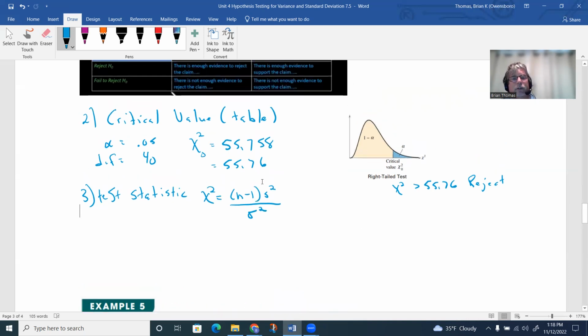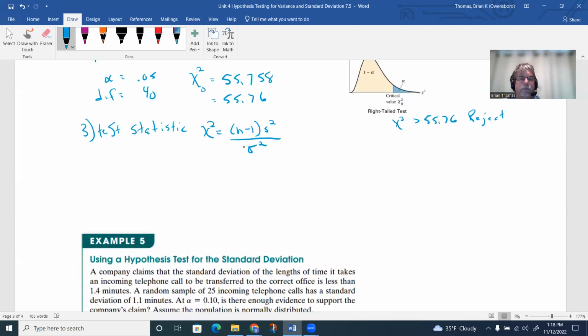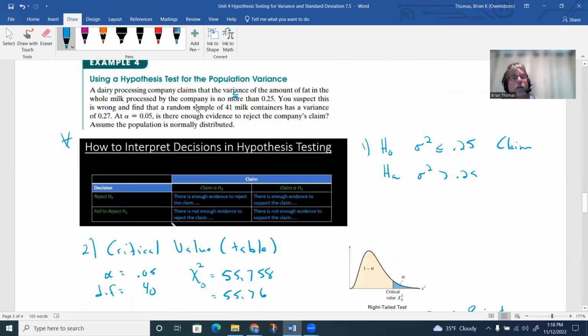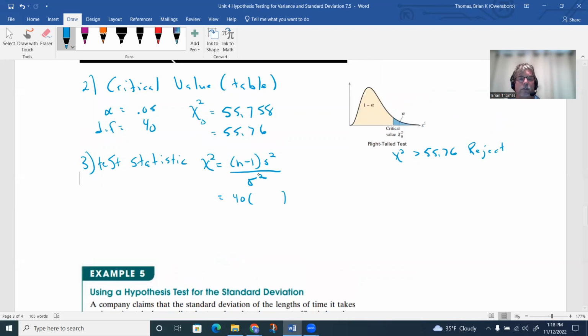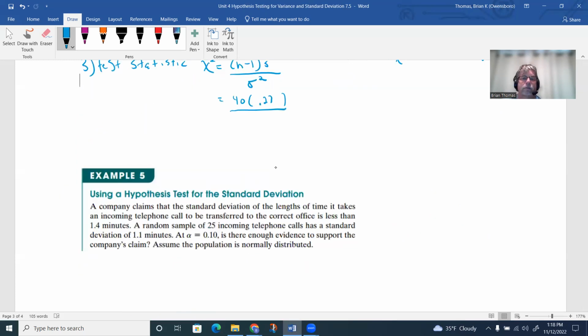Our degrees of freedom, like I said, we had 41 milk containers, so that's going to be 40. Then we multiply it by the variance from the sample, which is 0.27. And then we divide it by the hypothesis variance. They said no more than 0.25, so we have 0.25 here.